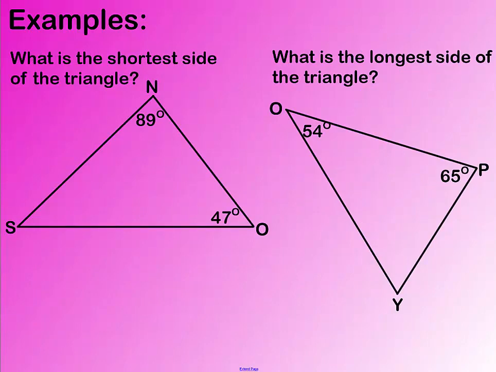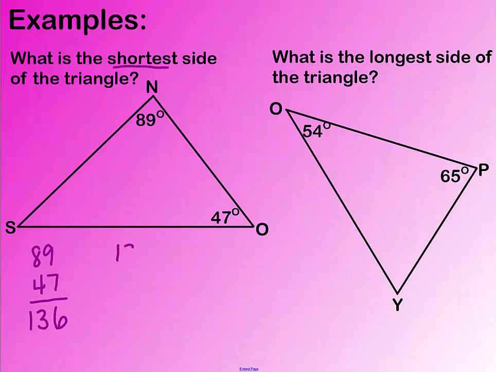So that just brings us to these final examples. We want to find the shortest side in this first triangle, but I only have two angles of the triangle. So I have to find the third angle, so I'm just going to add these two together.